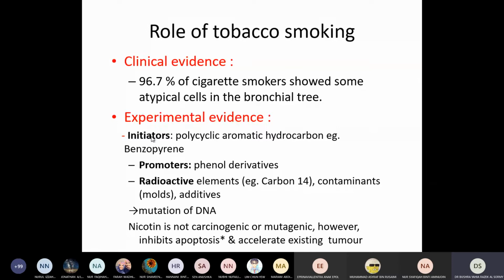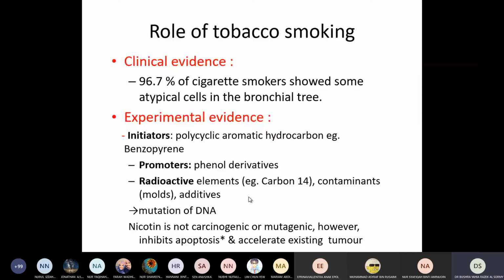Initiator means it can cause mutation in the DNA, activating the proto-oncogene, and the tumor suppressor gene is inactivated. Promoter means if there is a pre-existing tumor, it will accelerate the tumor to progress. The radioactive elements do the same thing, causing mutation of the DNA.